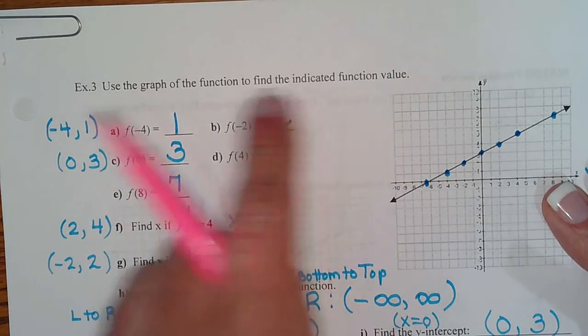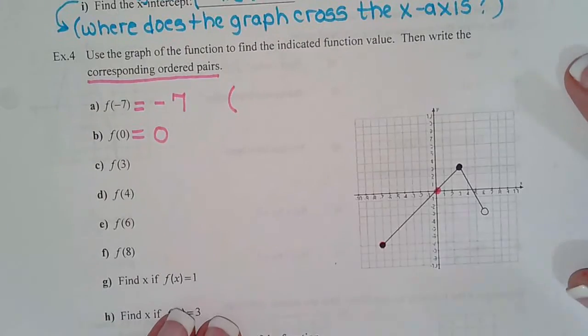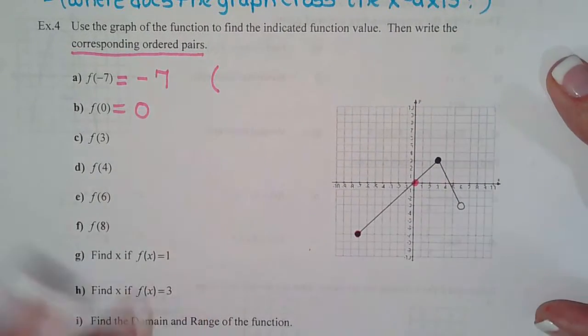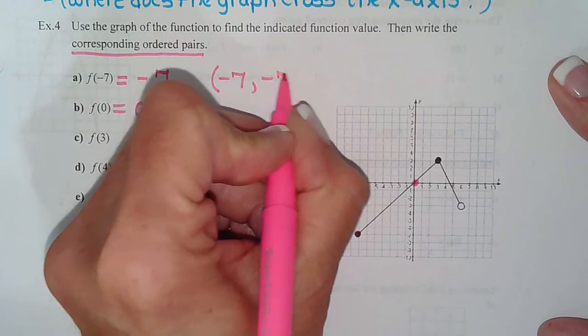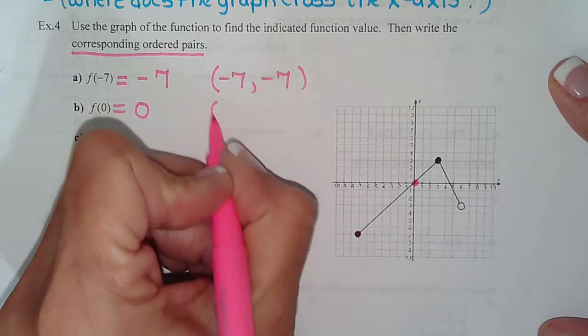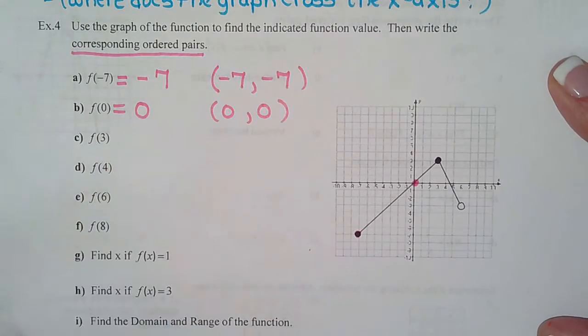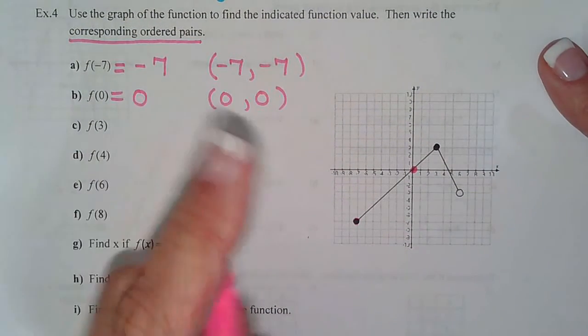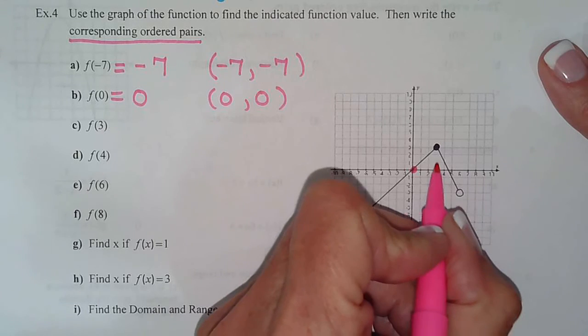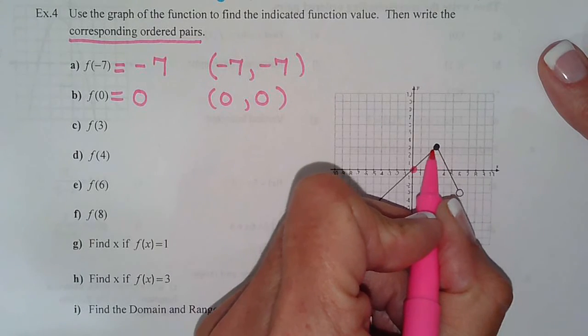This one didn't ask for ordered pairs, but this one did. So you have to read your directions carefully. So when x is -7, y is -7. When x is 0, y is 0. Okay, when x is 3, y is 3.